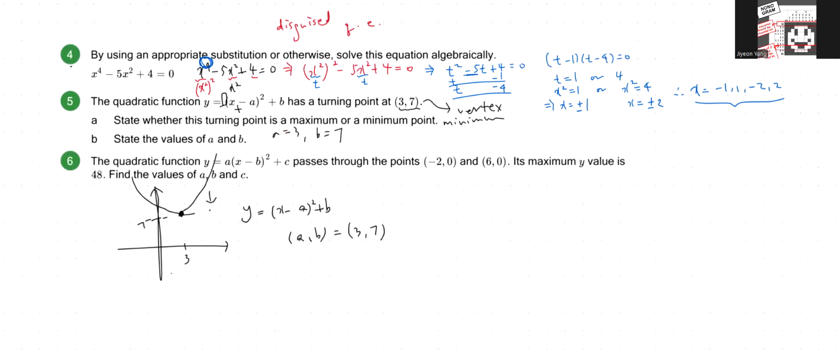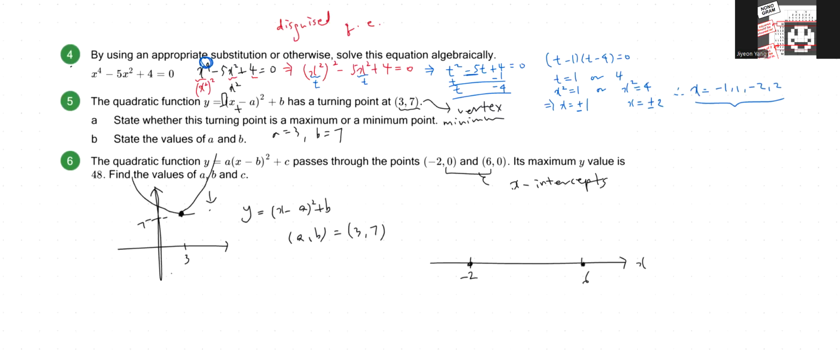Question number 6, the quadratic function y equals a bracket x minus b squared plus c passes through the points negative 2, 0 and 6, 0, which are x-intercepts. It means that if we draw the x-axis here, negative 2, 0 and 6, 0, this quadratic graph passes through these points on the x-axis.